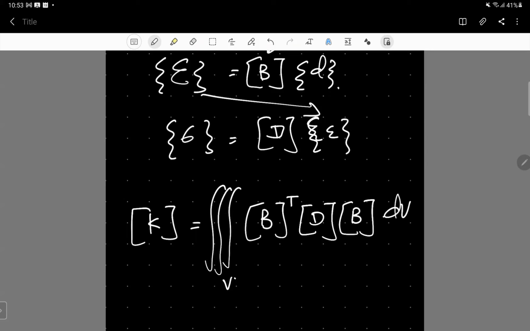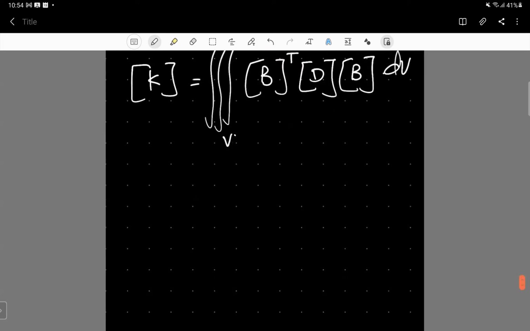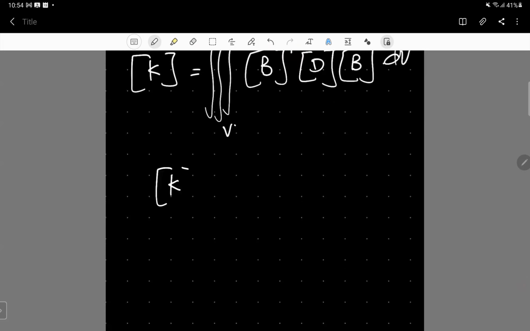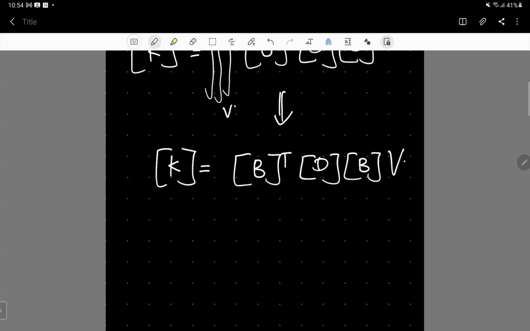Here, because both B and D matrices are constants, since they are defined using material properties or geometrical properties or the nodal coordinate system, the stiffness matrix for the tetrahedral element can be simplified to this form.